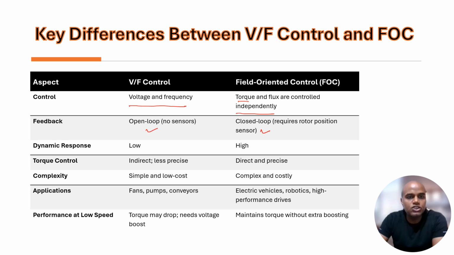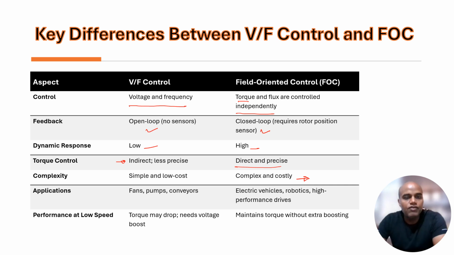The dynamic response is low for V by F and high for FOC. V by F controls the torque, but indirectly and less precisely, while FOC controls the torque directly and very precisely. V by F is very simple and cost effective, whereas FOC is complex and costly, but has more precise control.